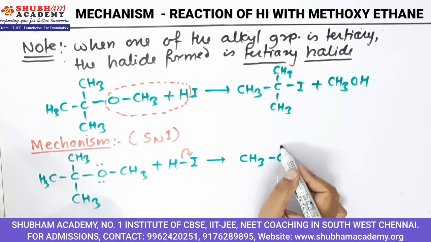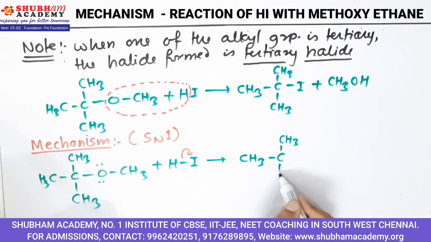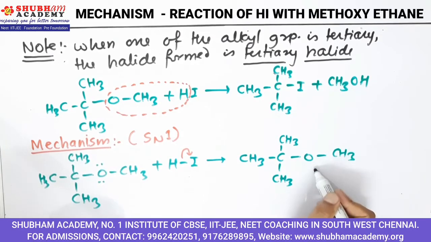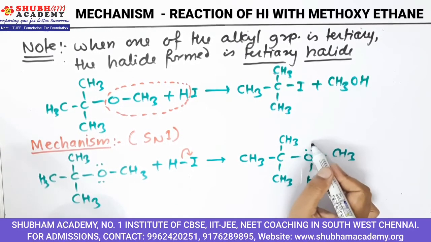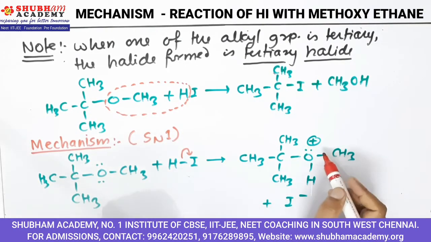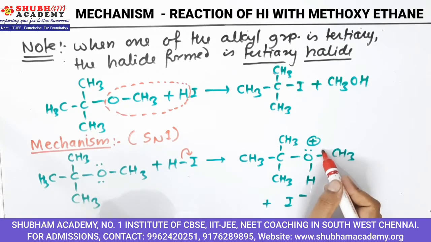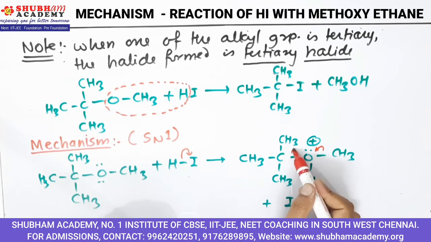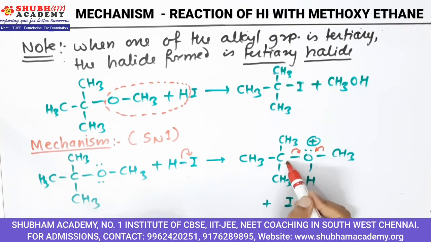CH3, CH3, CH3, O, CH3 and here H and here a positive charge, plus I minus. Okay. You see here, either I can break this bond in this direction, or I can break this bond in this direction. If I am breaking this bond, then I get a positive charge here.